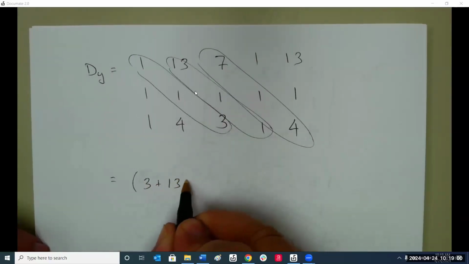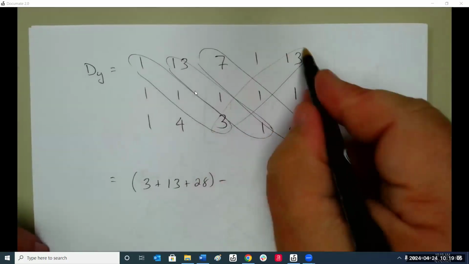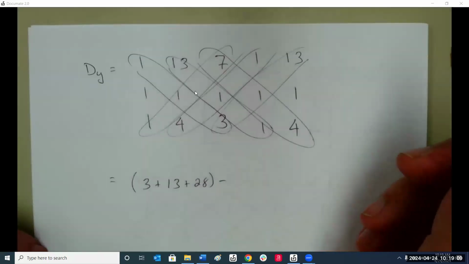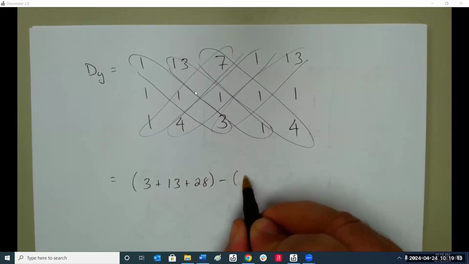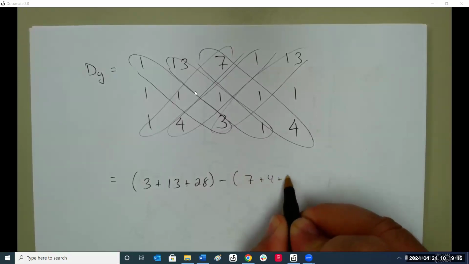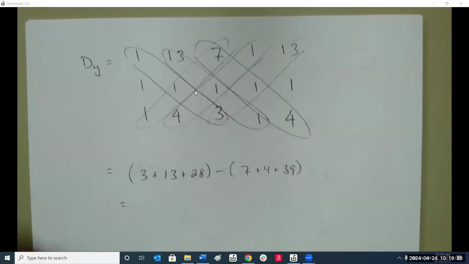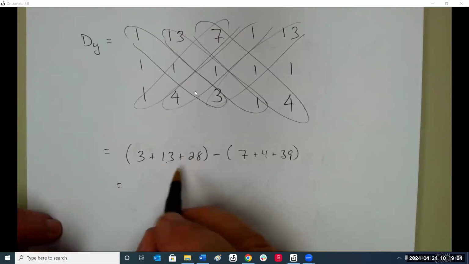Three plus 13 plus 28. Seven plus 4 plus 39. 41.